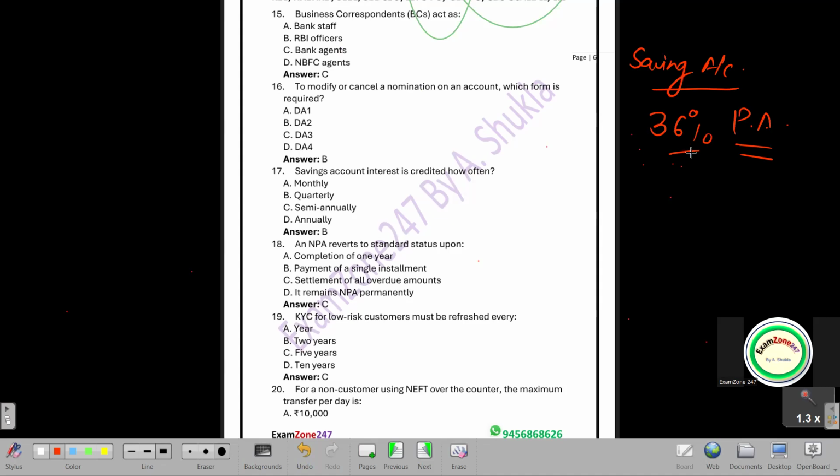Nobody gives 36% right now, but assume it for calculation, because with smaller numbers you may not get a very clear idea, as the calculation will be a little bit lengthy. 36% per annum means in 1 year there are 365 days, but I am taking it as 360 days and 30 days.